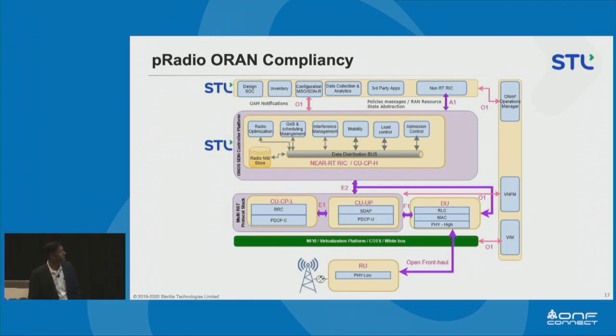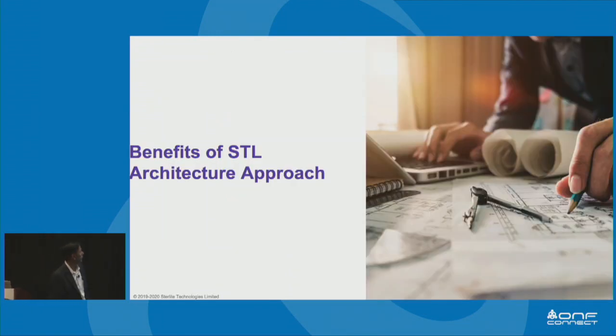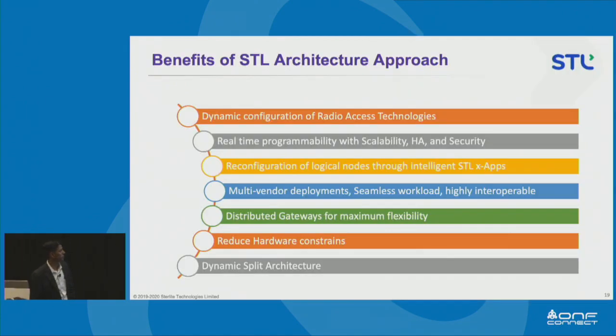Okay. So from a benefits perspective, we see that if we can bring in this kind of solution, real-time programmability can be achieved. A trained model coming from AI and ML could actually be transformed into policies and pushed down to the network elements.